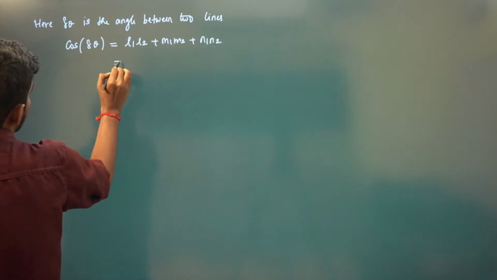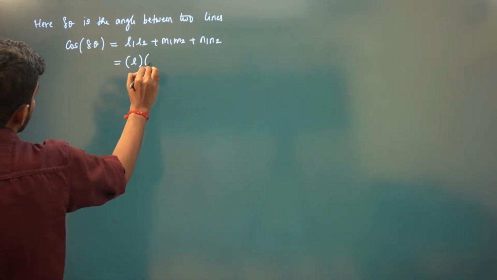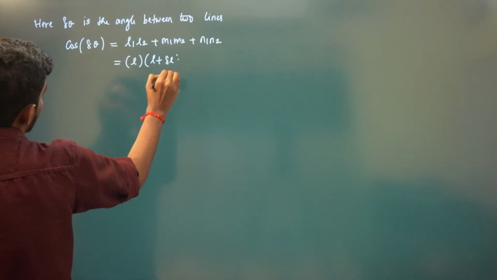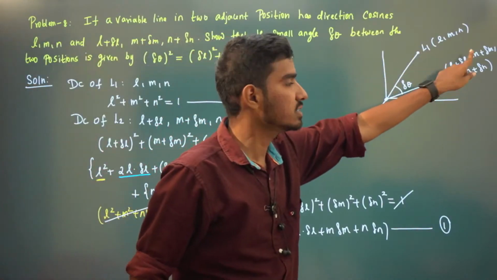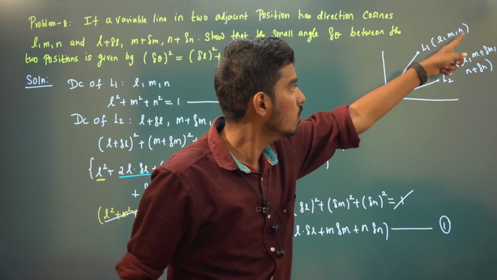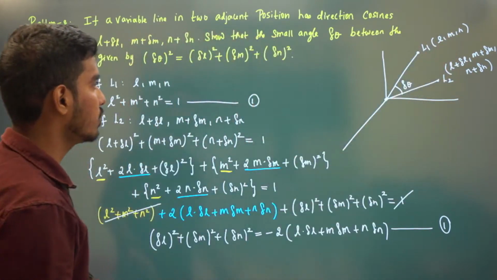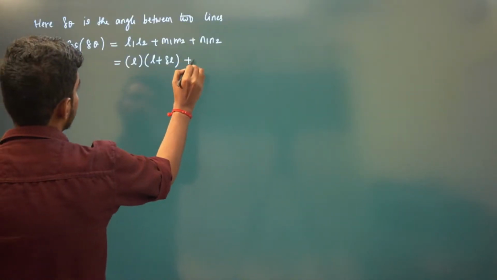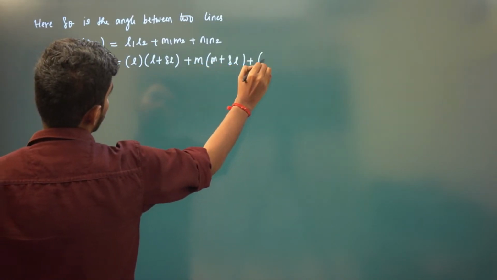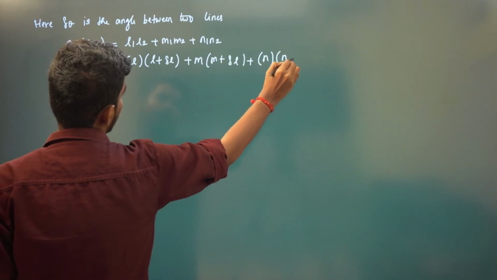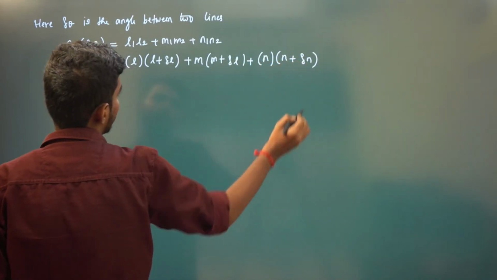So here, this is L into L plus del L, because direction cosines of the first line are L, M, N, and L plus del L, M plus del M, N plus del N for the second. So M into M plus del M, N into N plus del N.